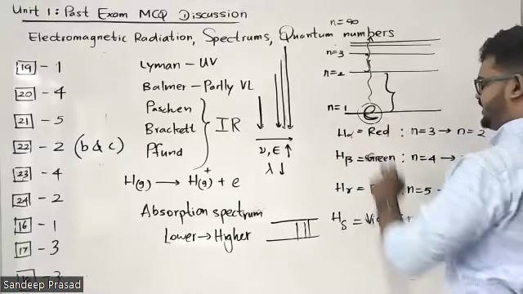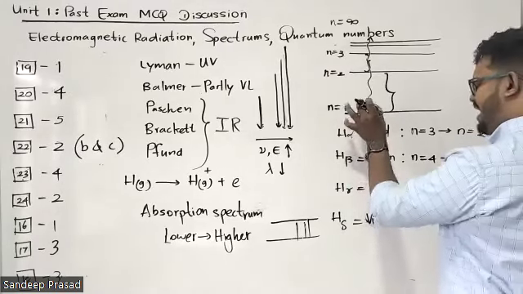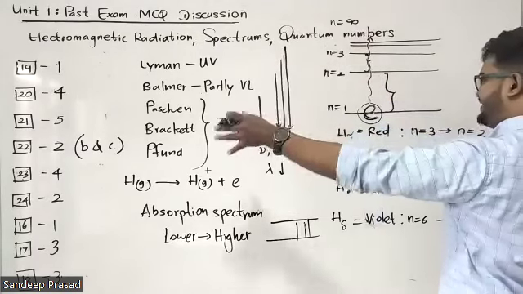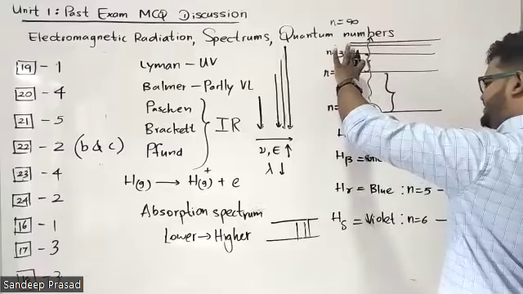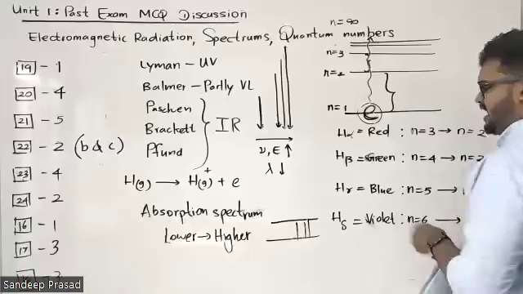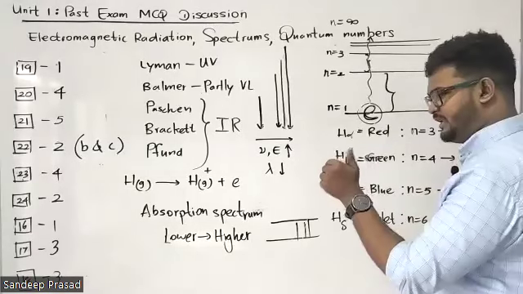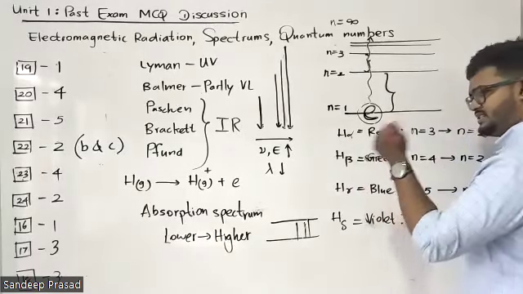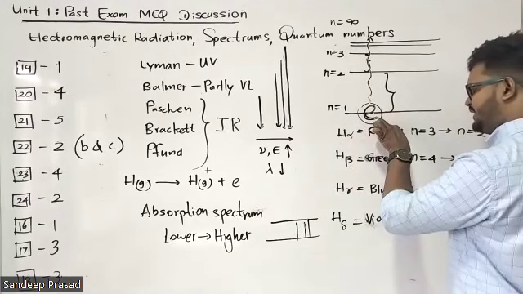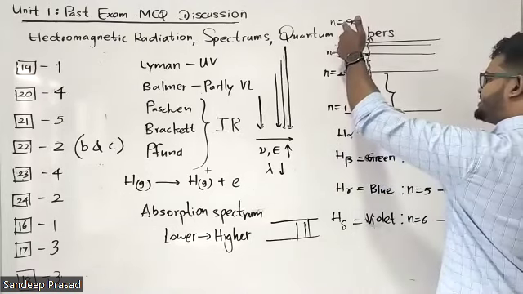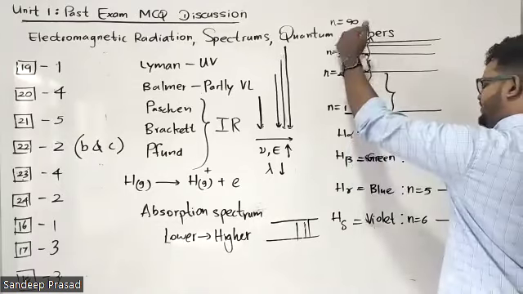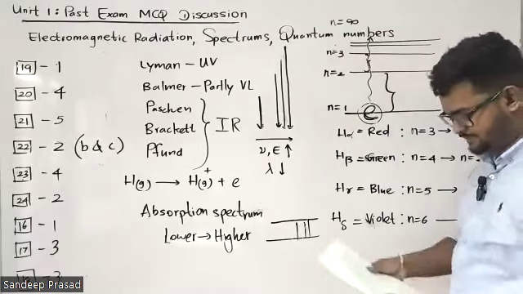Whether it is absorption or emission, the gap is always equal to the ionization energy. Ionization energy is the minimum energy required to remove an electron from the atom. So that electron is removed from the first principal energy level and taken to n equal infinity. Then the energy gap between 1 and infinity is that ionization energy.